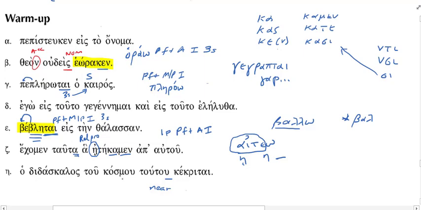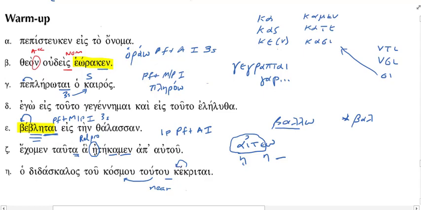So which world is this teacher the teacher of? It's the teacher of this world, okay? So because it modifies kosmou, it has to agree with it in case, gender, and number. Now, what are we saying about the teacher of this world? We're saying kekratai. Do I have reduplication here?